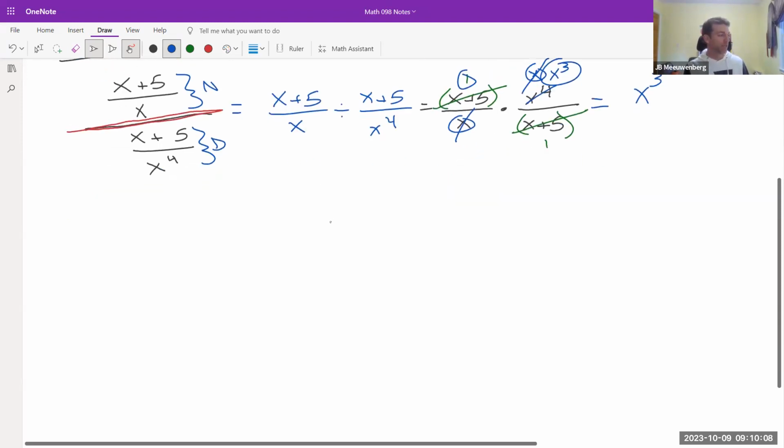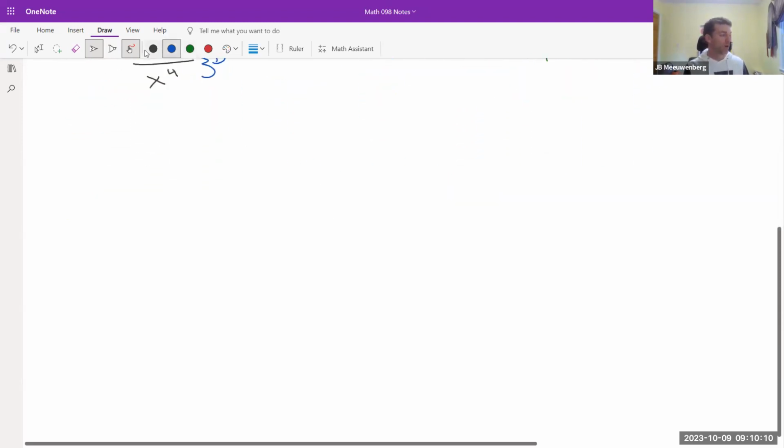All right, let's take a look at one more. One that's a little more complex looking, might require even a little bit of factoring. Okay, so let's simplify.